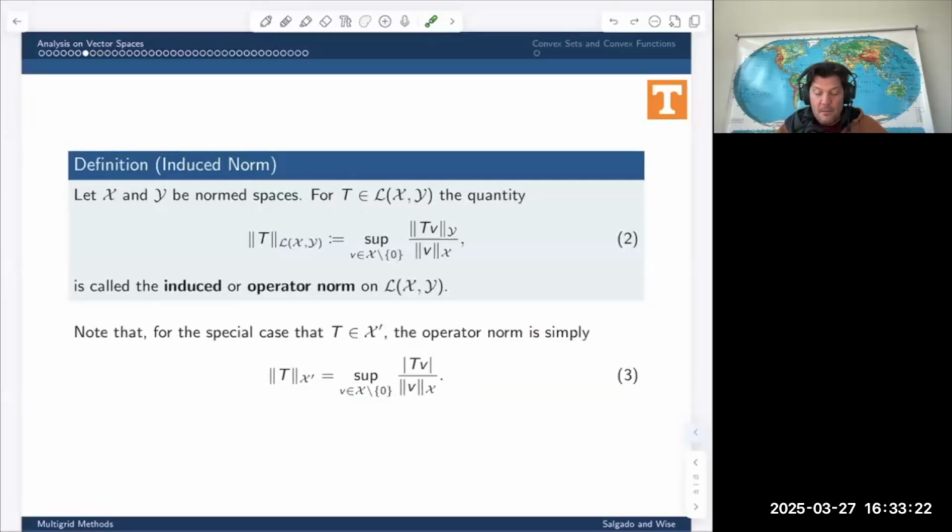The main difference here is that if we're mapping into R, the natural metric on R is just the absolute value. So I can replace the Y norm on Tv with the absolute value, because this object here is just a real number. So we get a nice simplification of things whenever T is a bounded linear functional.